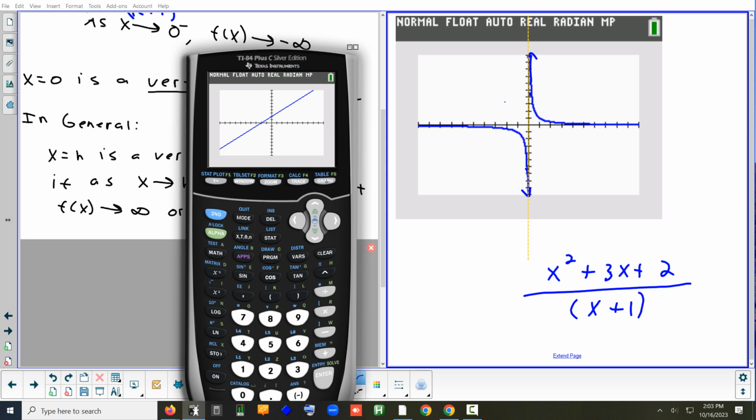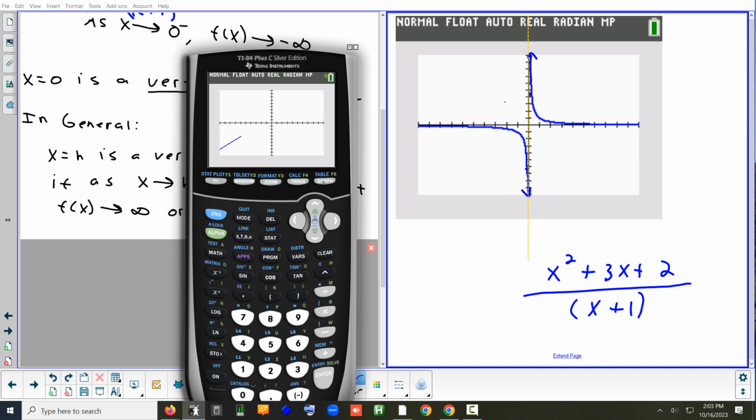So I might ask you, is negative 1 a vertical asymptote in this problem? And you'd say no. I'm going to show you why. Is it a hole? It's a hole. Yep, it's a very small hole in the graph. And I can make it a vertical asymptote by just messing that number up in the top a little bit. If I make that 2 or 3, it's not going to be a hole anymore.